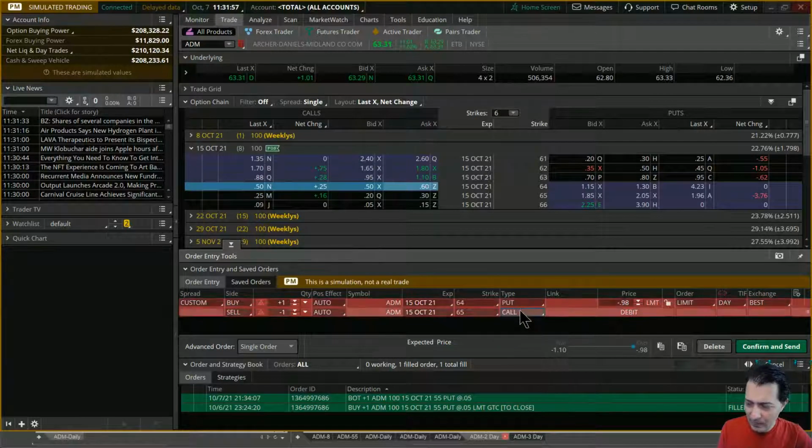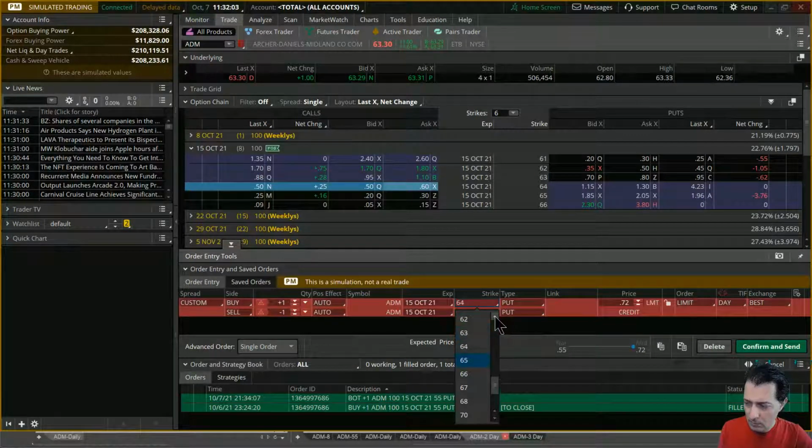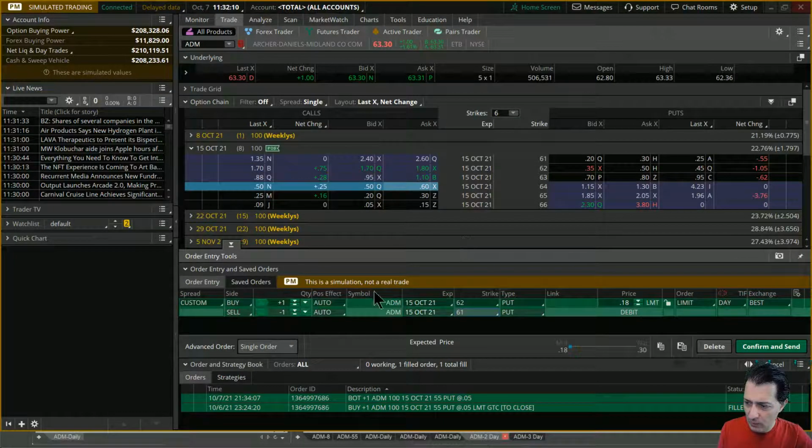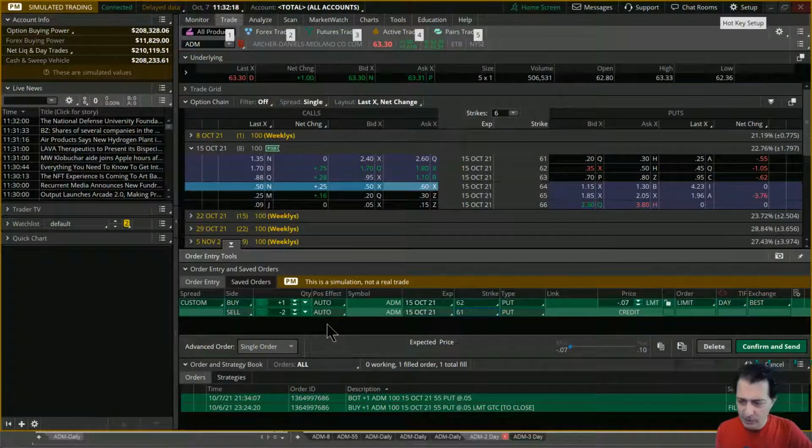I should have clicked on the other side actually. So I need puts, and we said that I'm going to buy the 62, and we said we're going to sell 2 of the 61. Okay. Did I say this right?